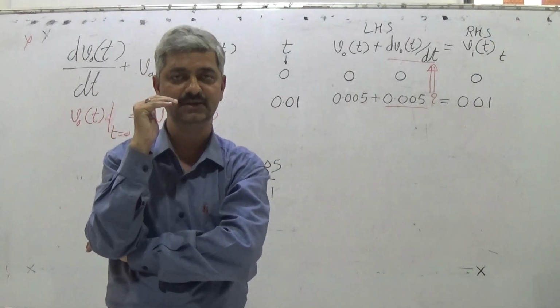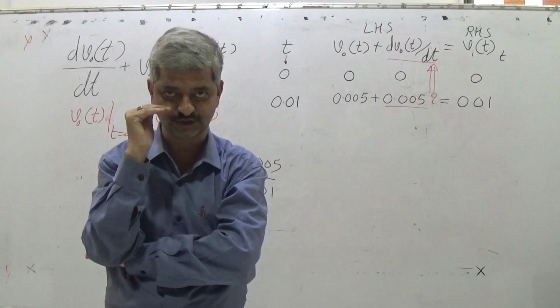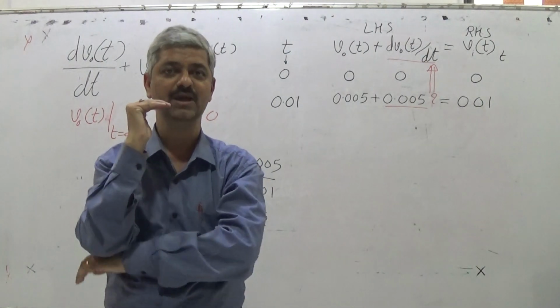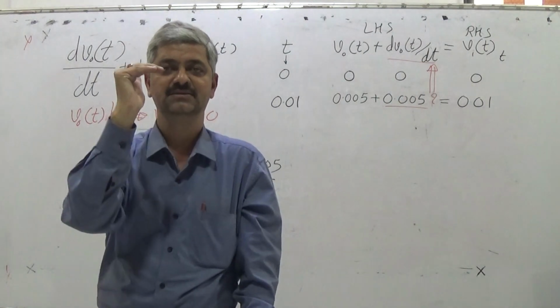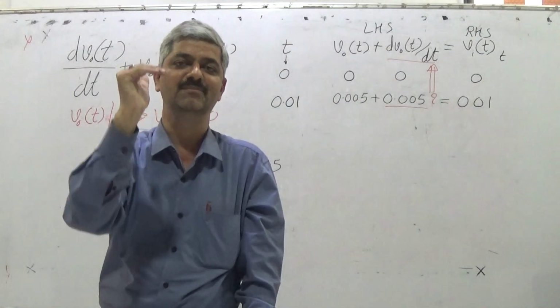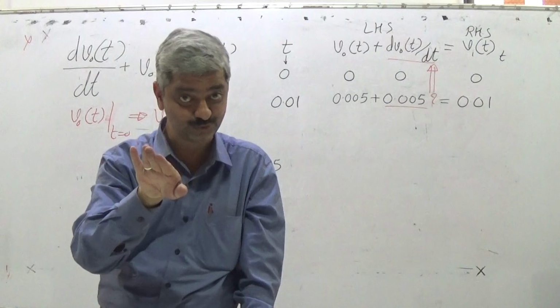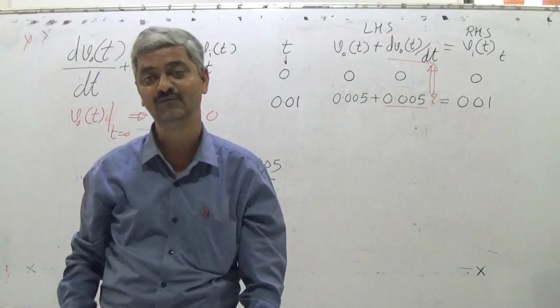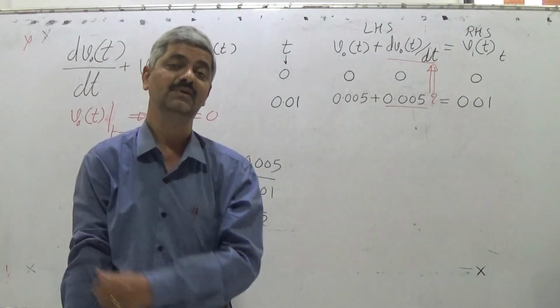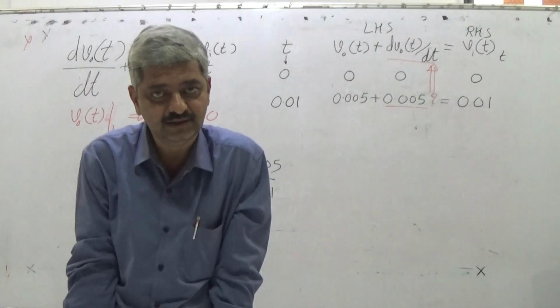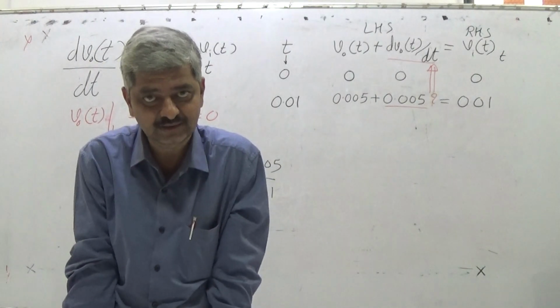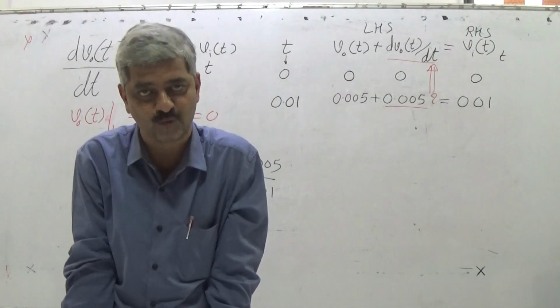Initially VOT was 0. Now we are at the next step. Time has progressed to 0.01. We can have it 0.001 also, we will go to delta t. When we are at t equal to 0.01, V in t is also 0.01.